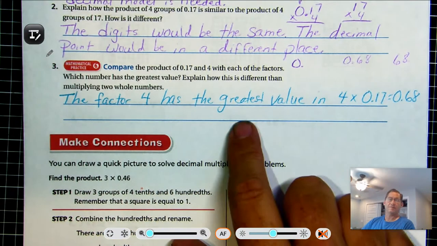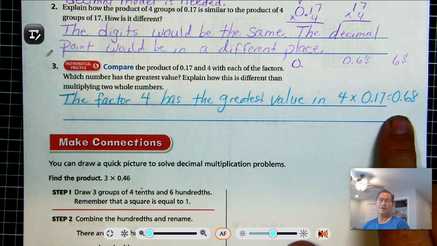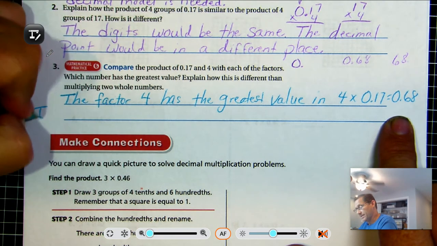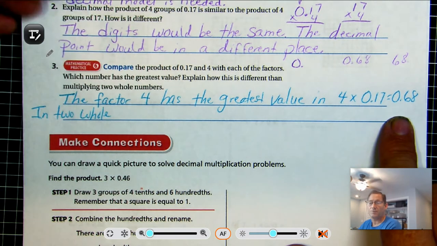Okay, so the 4 actually has the greatest value in here. So how is that different than multiplying two whole numbers? In two whole numbers, the product is going to be the greatest value.